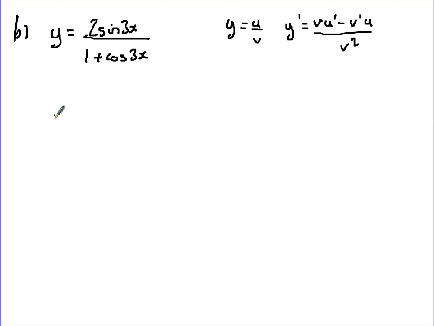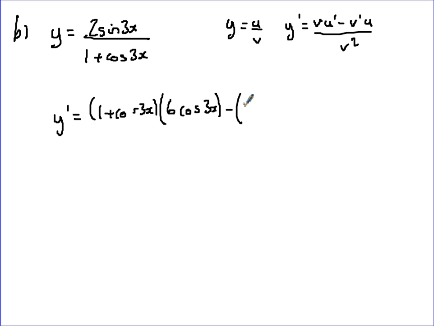So let's go through this then. So y dash equals v, so we leave the bottom bit alone. We then differentiate our top part. So differentiating that, the 3 comes to the outside times by the 2. Sine goes to cos, it's 3x. Then it's minus v dash this time, so we're now differentiating this.